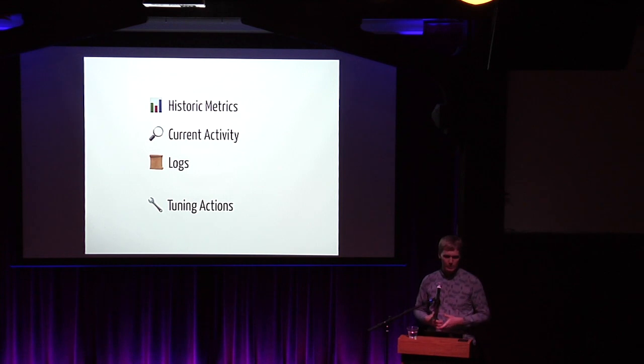The Postgres log is very useful. It's a completely separate system from the metrics in the statistics tables, but oftentimes we need to look at both. And last but not least, I'm trying to give you a few helpful tuning actions. If you're looking at a certain thing and you're wondering what this means, ideally there's a few hints at what you could do to optimize.